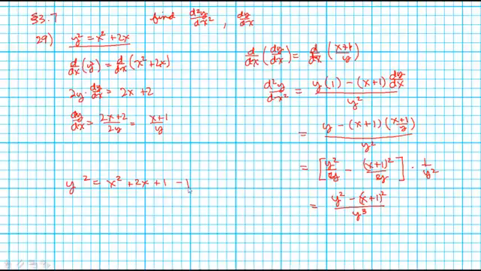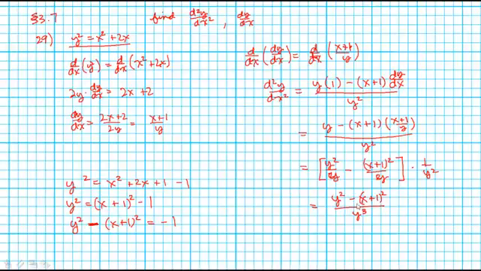I'm going to make it a perfect square, and I'm going to add a 1 and subtract a 1 and get y squared is equal to (x plus 1) squared minus 1, or that y squared minus (x plus 1) squared is equal to negative 1.